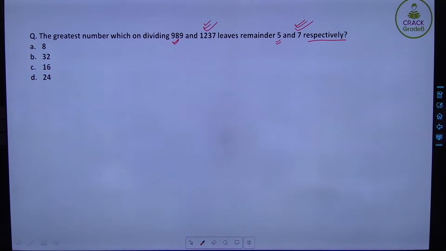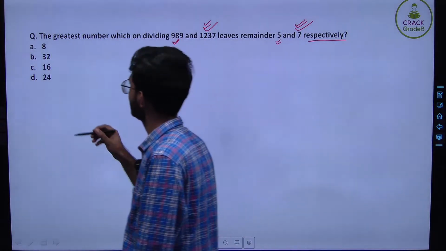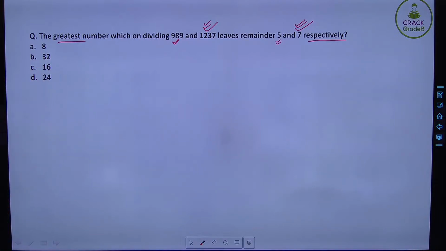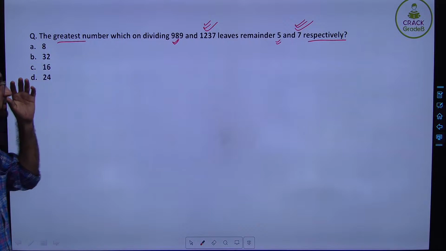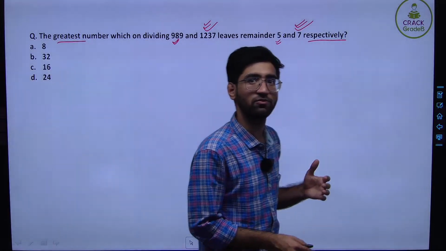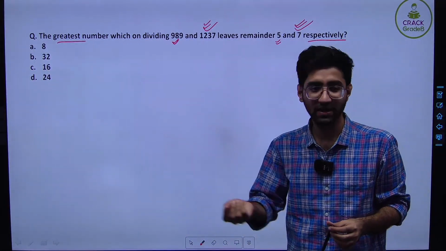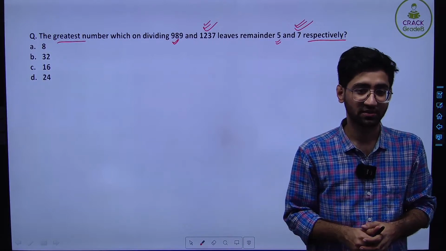Sometimes you will have to check all options even after getting an answer. So I will suggest you, when you deal with the greatest number, start checking from the largest values. Right? Check for 32 first, then check for 24, because you have to find the greatest number. And in a few questions where you have to find the least number, in that case you should start checking by least values.